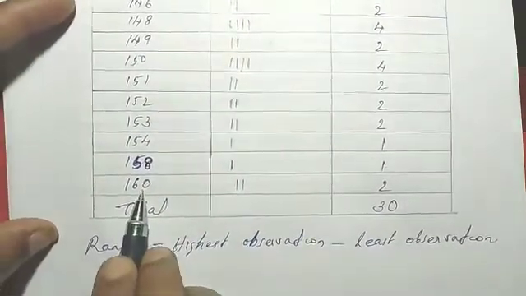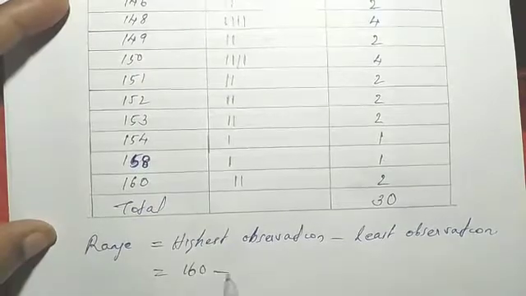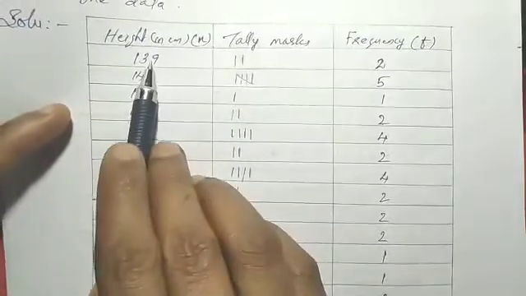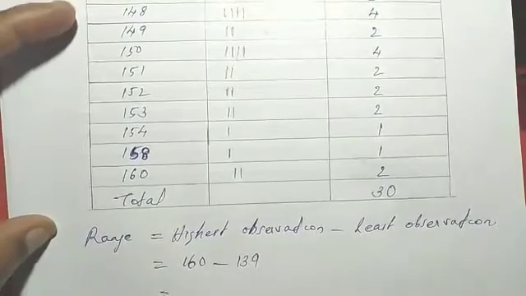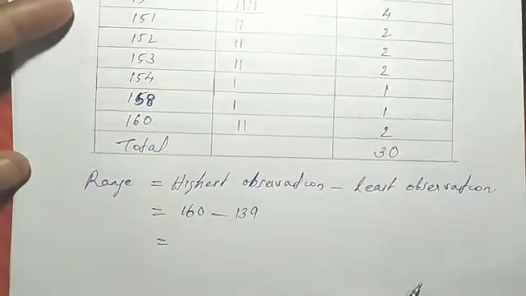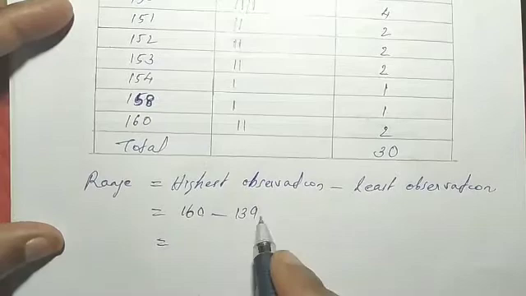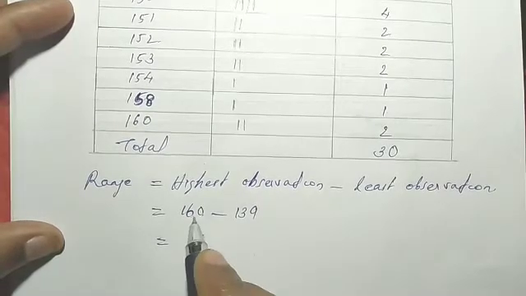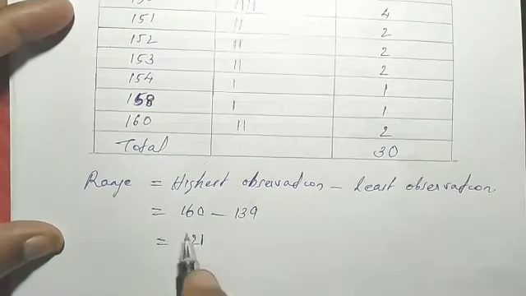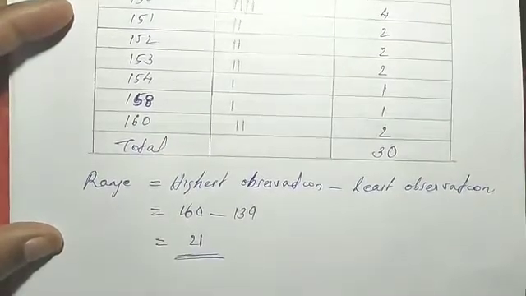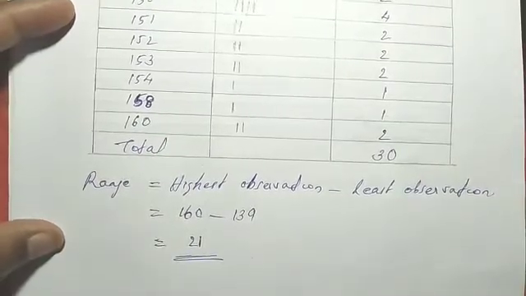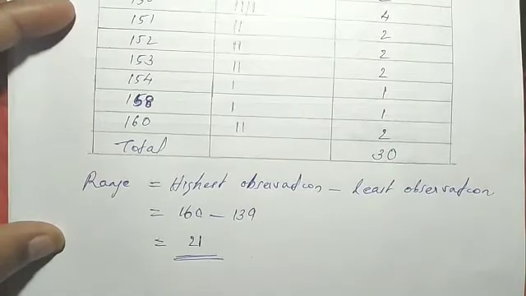The last one, 160, is the highest observation, minus the least observation, which is 139. 160 minus 139. What is the answer? 10 minus 9 is 1. Here it is 5, 5 minus 3 is 2. 1 minus 1 is 0. So 21. The range of the data is 21. That is the answer.